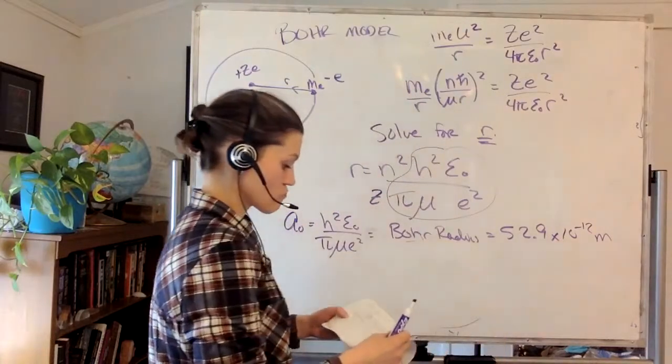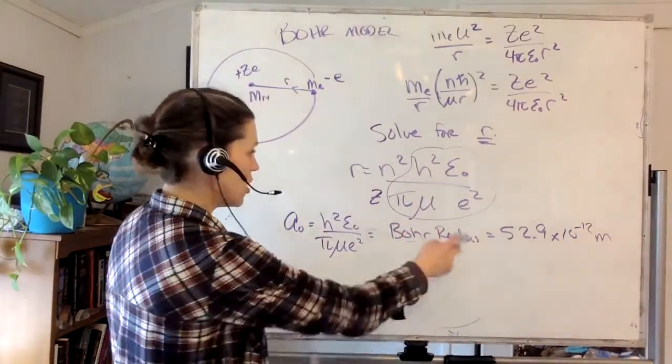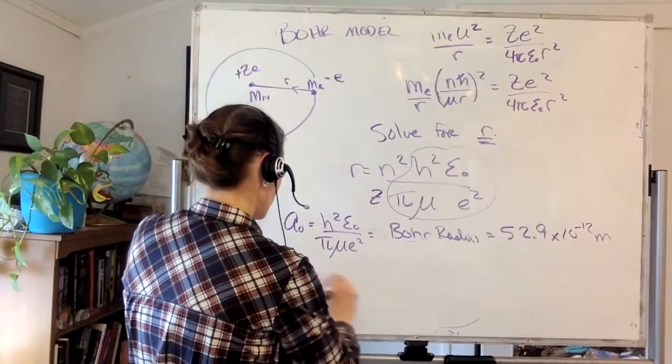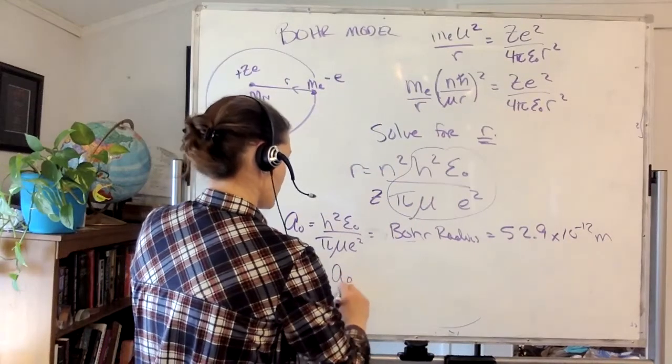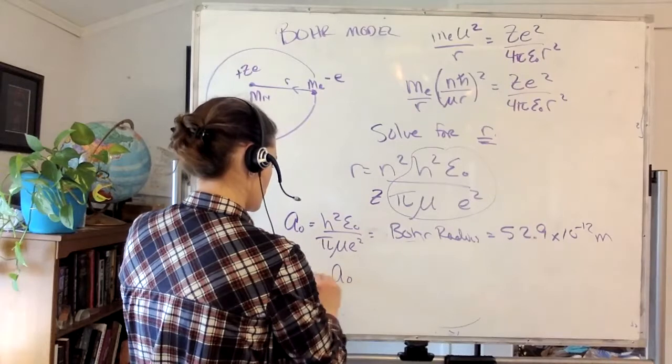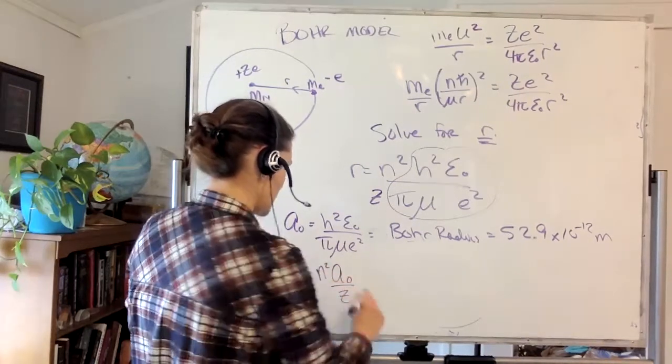I'll tell you what that is in a second. If that's the case, that means r is equal to n squared a0 over Z.